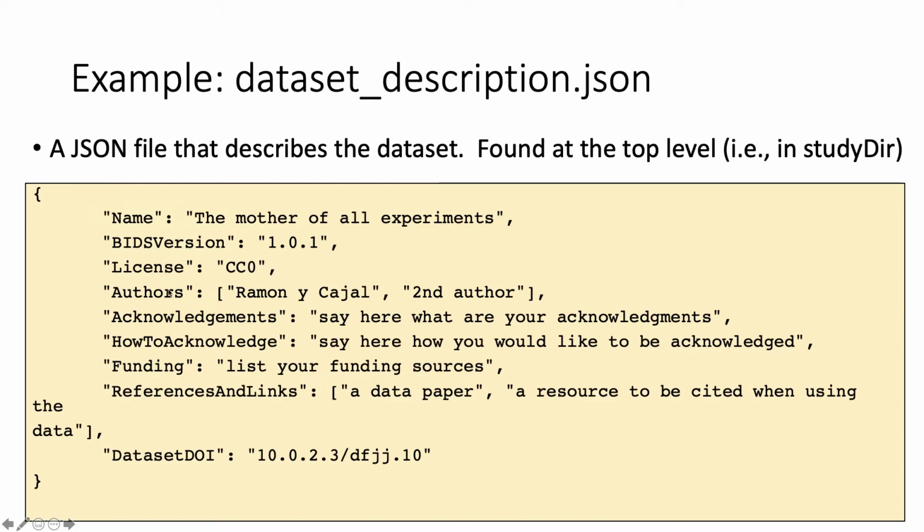Information about who maybe developed the experiment, are there any acknowledgments? You could put pretty much anything in here that you wanted to that was relevant to describing your experiment. But at a minimum, a name and a BIDS version is what's required for this particular file.